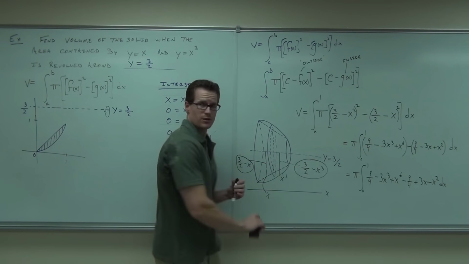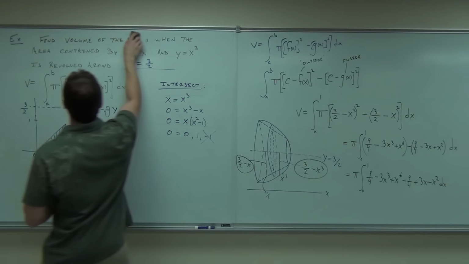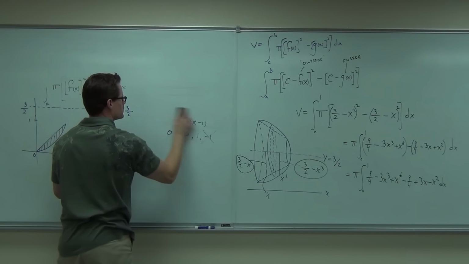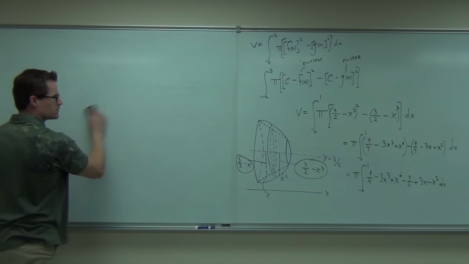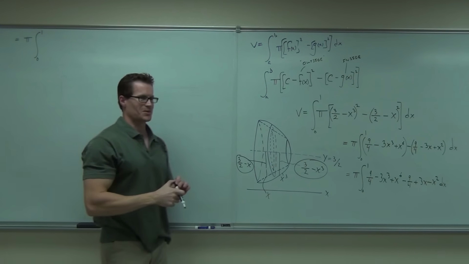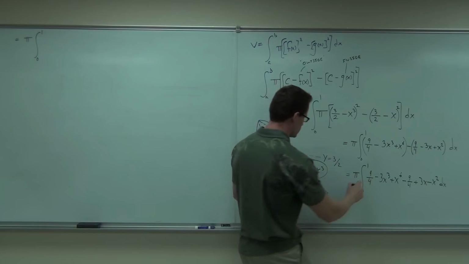Do you have any questions on the picture that I drew firstly? Okay. So pi, 0 to 1. Oh, that's nice. I like 0s and 1s. What happens here? Simplify.